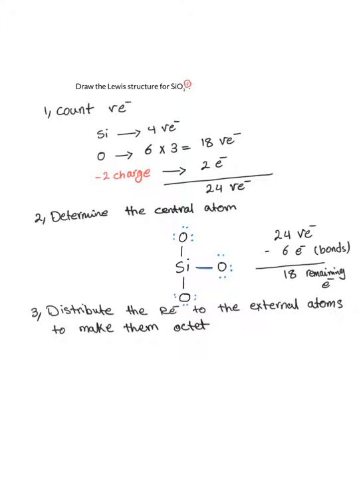Now let's take a look at the central atom. The central atom has 2, 4, 6 electrons. It is not octet. In this situation, one of the oxygens will share electrons with the central atom and make a double bond.